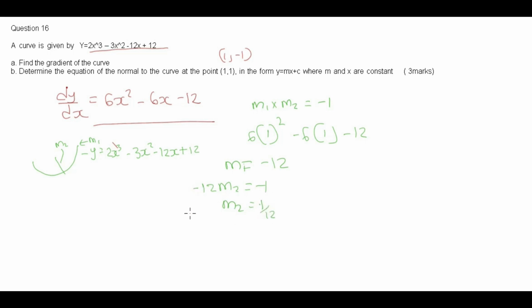Okay, since the negatives cancel each other, we use change in y. The gradient is change in y, y2 minus y1, over change in x, x2 minus x1, which is equal to the gradient of the line, and the gradient is 1 over 12, not a half.